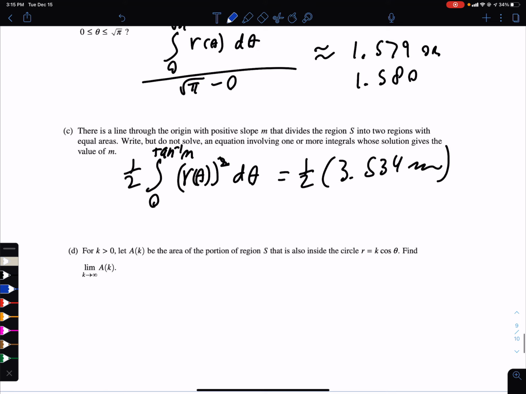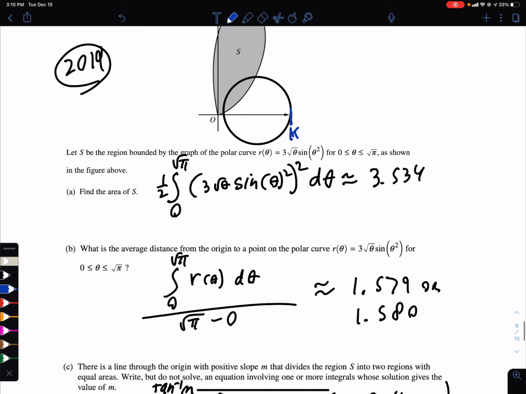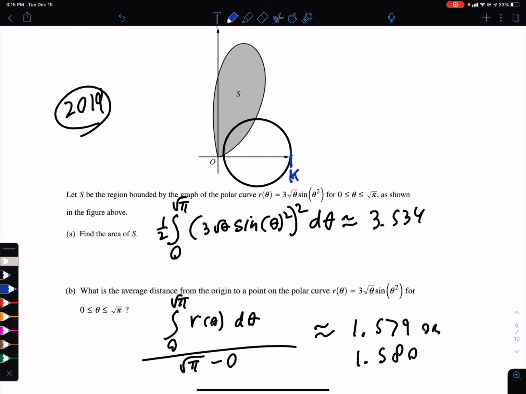Let a sub k be the area of the portion of region S that is inside the circle. So basically, I've got this figured out. They want this region here.